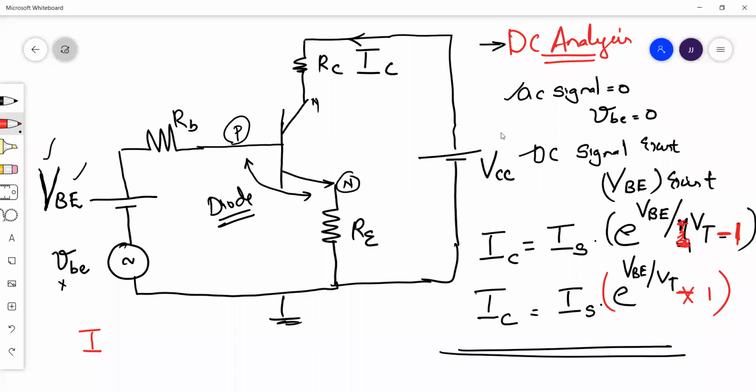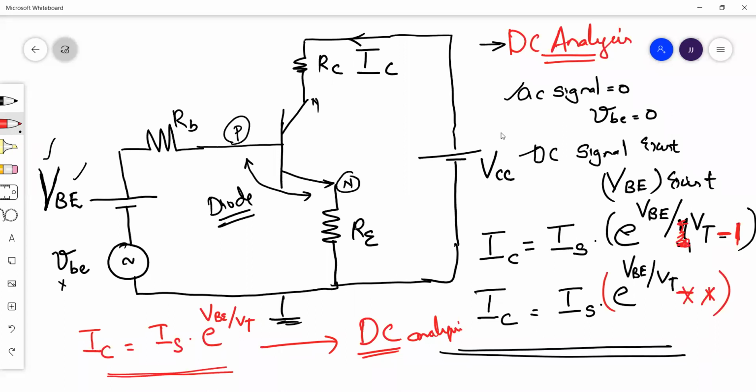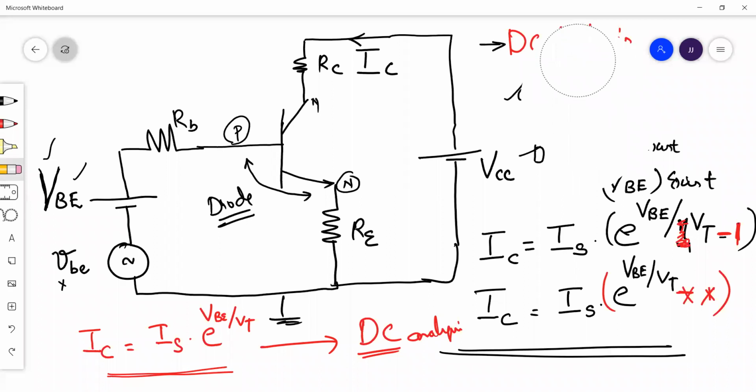Hence I can write IC equals IS into e raised to VBE by VT. This is the DC analysis. Is DC analysis clear to you? Yes, sir. Okay. Next, we will do the AC analysis.